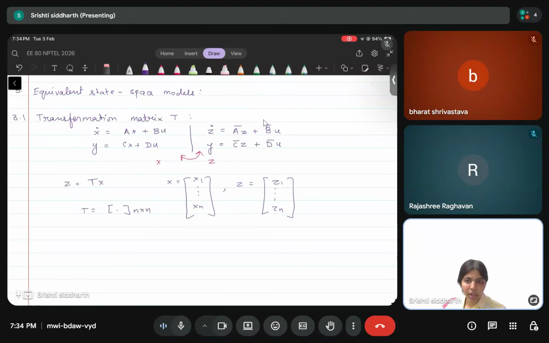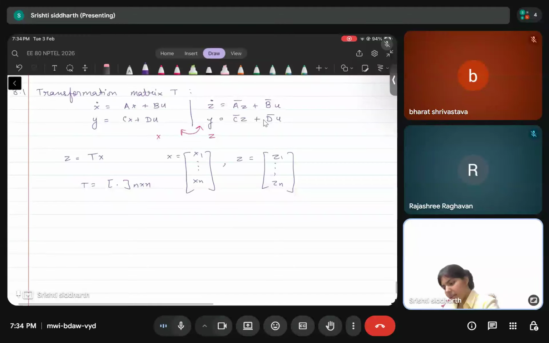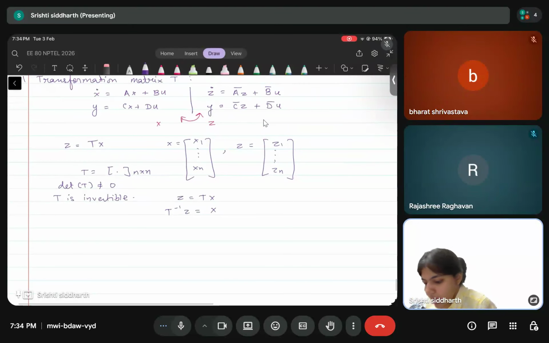If it's a square matrix, we can check if the determinant of T is non-zero. This would mean that T is invertible. This means that we could transform into any state, right? So if we know T and x, then we know z. If we know T inverse and z, then we know the state x, right? All right. So the relation is z equals Tx.